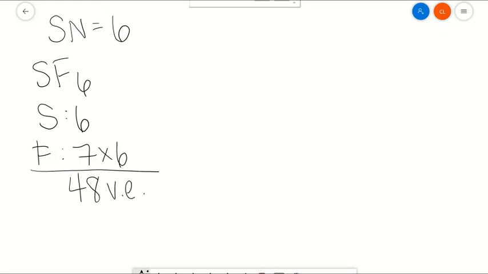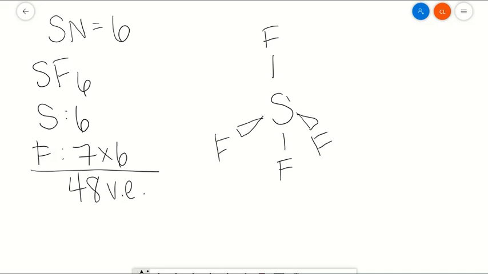This equals 48 valence electrons. We are going to be dealing with expanded octets here. Then we can put the lone pairs all over the fluorines.